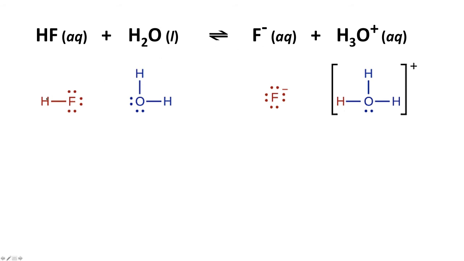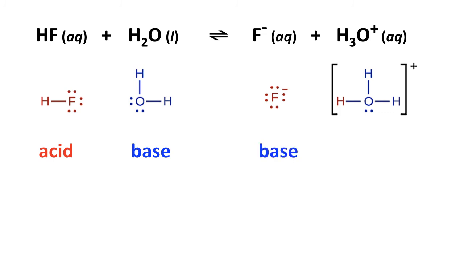And HF can donate a proton to H2O. That produces F minus and H3O plus. But in this case, F minus can actually also accept a proton from the H3O plus and produce HF and H2O. And so HF is an acid because it's a proton donor. H2O is a base because it's a proton acceptor.